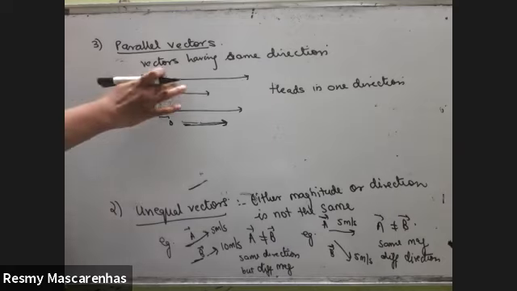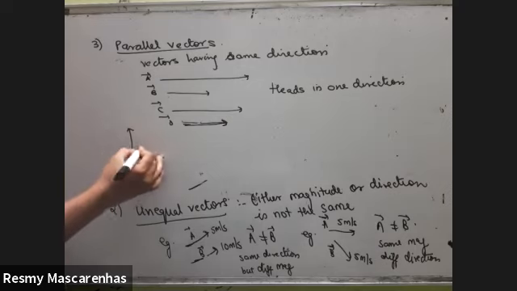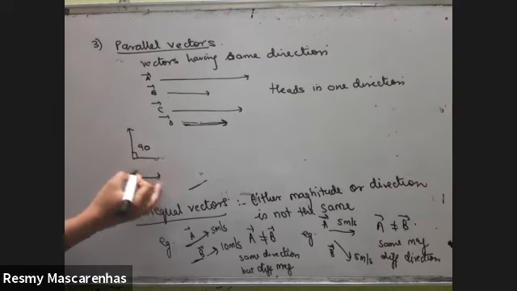Can anybody tell me what is always the angle between any two parallel lines? Angle between two parallel lines, what is it? Between this and this it is 90 degrees, but if they are parallel, can anyone tell me?